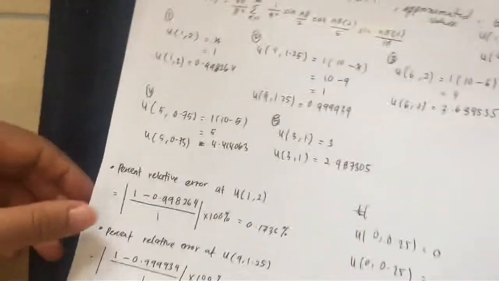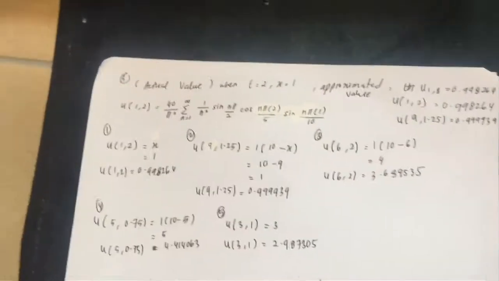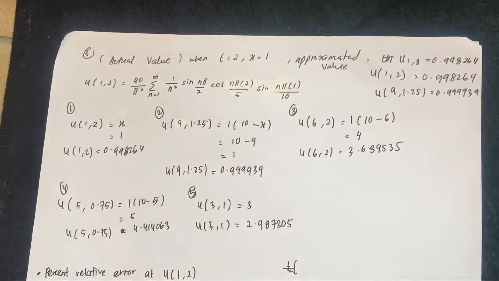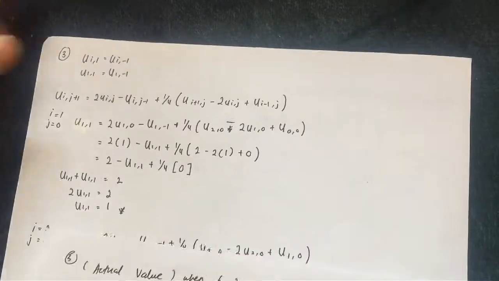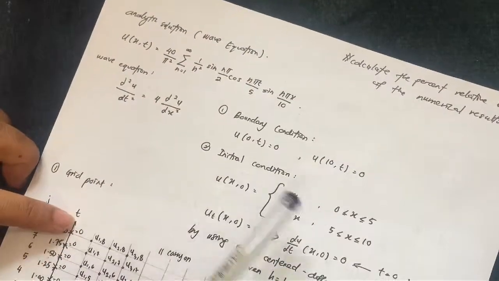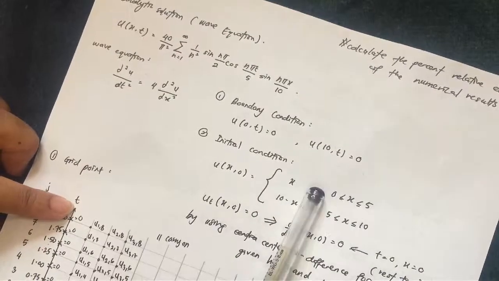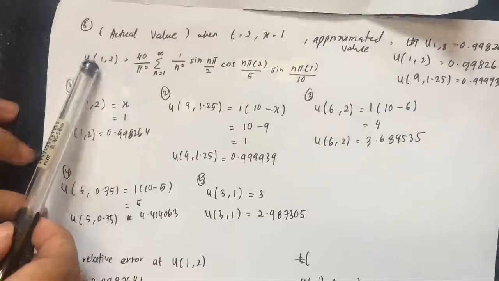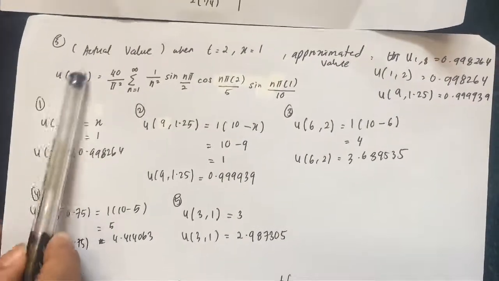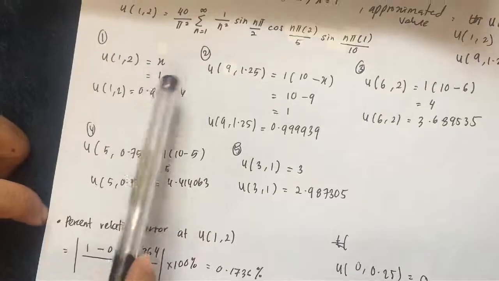So we can calculate like this. To find the actual value, we are already given f(x), the function, so we just look at the range. For this part, the function will be x if the limit is from 0 until 5. So when 0 until 5, if we want to find u12, we look, the x is 1, so f(x) is x only. So we substitute x as 1.